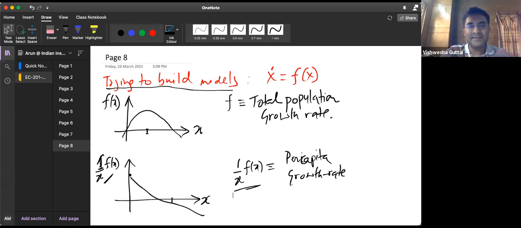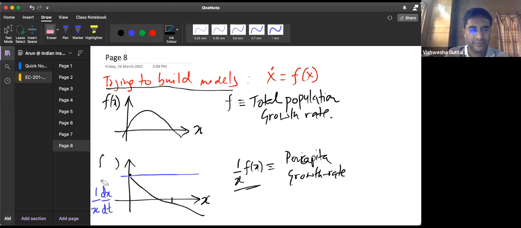Okay, now imagine this classic scenario, right? Resources were not a constraint, right? That means no competition. What will be the per capita growth rate? It will always be a constant, right? So therefore, this graph is actually quite useful. Another way of writing it would be this. Actually, this is a better way of writing.